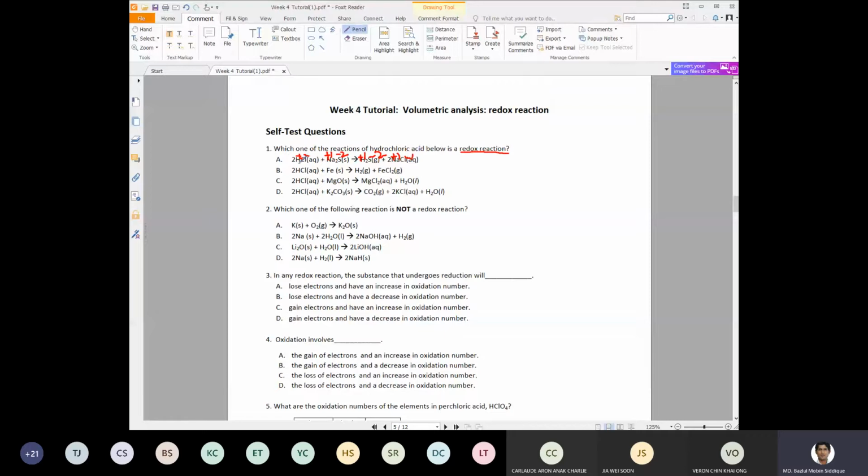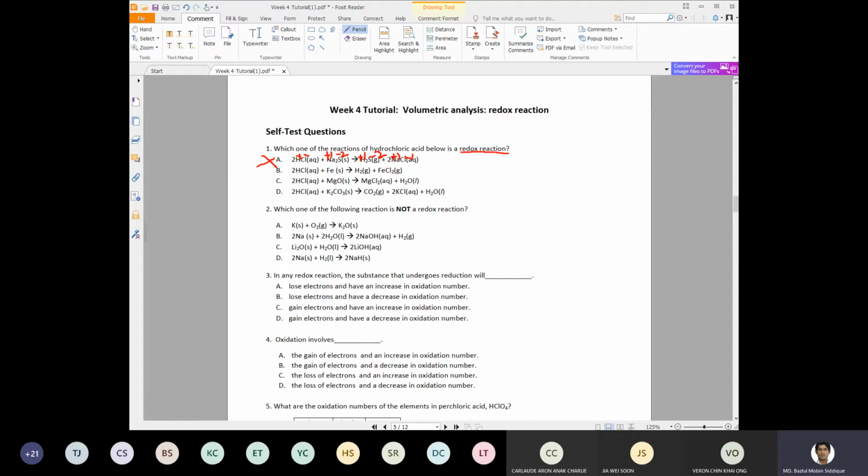So the oxidation states have not changed at all; they are the same in the product as in the reactant. So it is not a redox reaction. So which one is the redox reaction of hydrochloric acid, where the oxidation state changes?